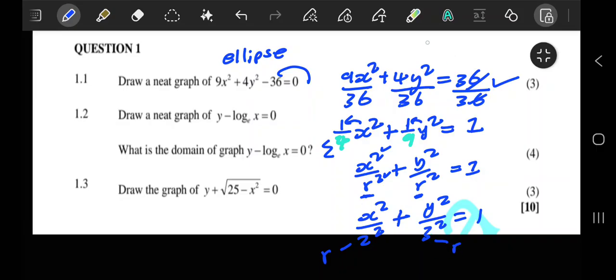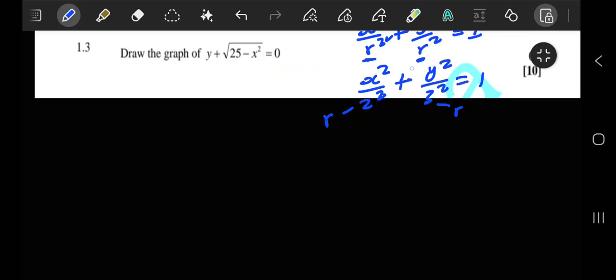Let me just draw a Cartesian plane and show you what I'm trying to say. We know this is the y-axis and this is the x-axis. As you can see, guys, here we have x squared. This r distance corresponds with the x, along the x-axis.